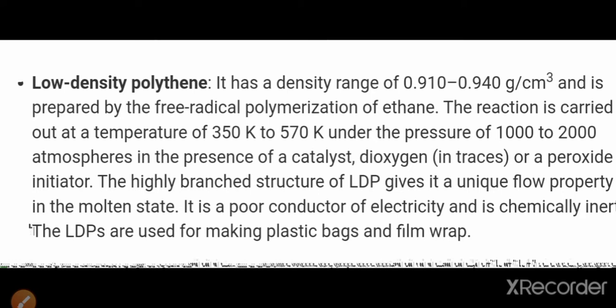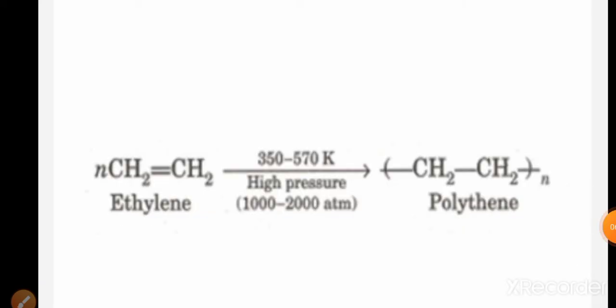Under suitable polymerization conditions, ethylene at a temperature of 350 to 570 Kelvin and 1000 to 2000 atmospheric pressure gives low density polyethylene. The reaction is shown on the screen. High pressure is written below the arrow, and temperature is written on the arrow.